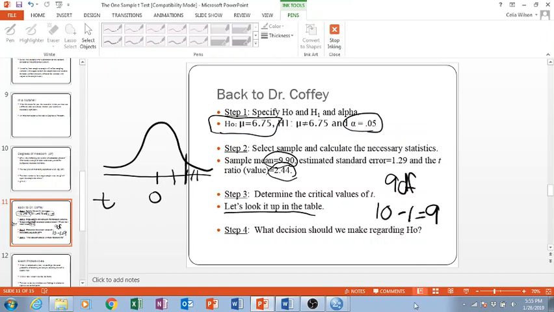So that's where your degrees of freedom comes from. And figure out, what is that t critical value? And then make a decision based on that value of whether or not you should reject the null. So that being said, let me mention this.